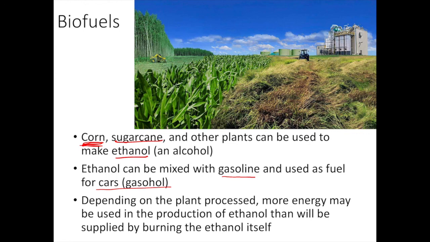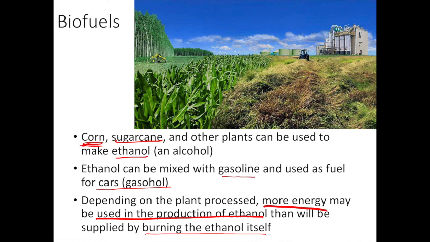There have been numerous studies that show there's more energy used in the production of ethanol, basically in planting and growing the corn and then processing it, than we'll actually get from burning the ethanol itself, right? So we're actually losing energy by making ethanol.